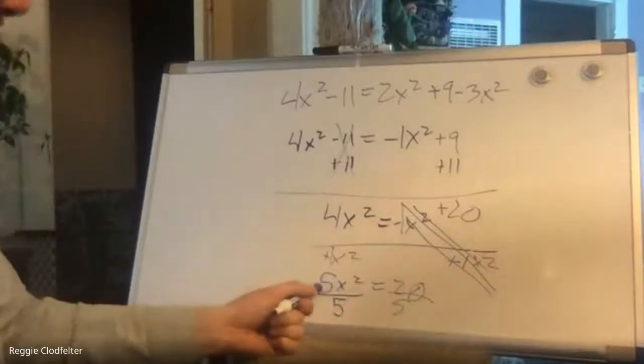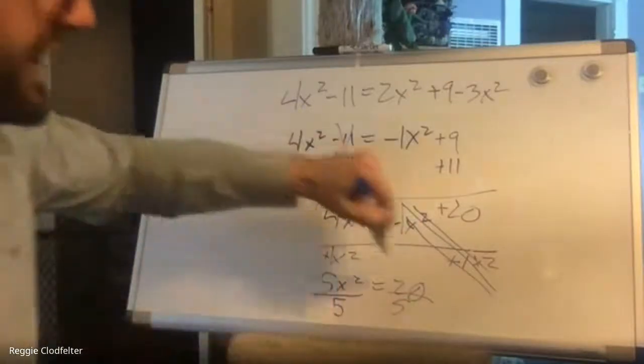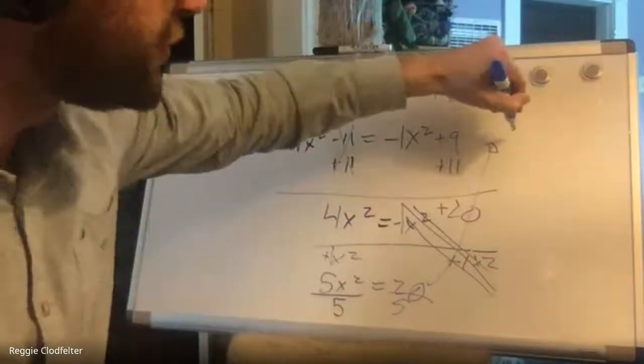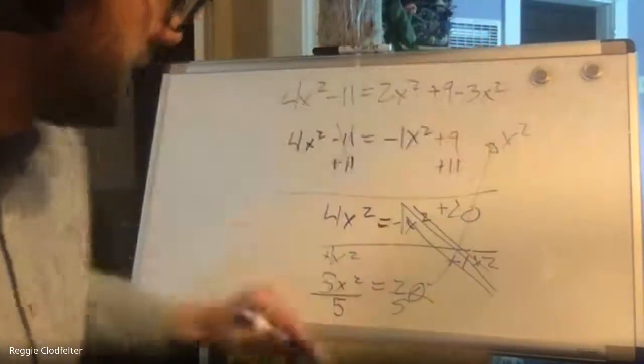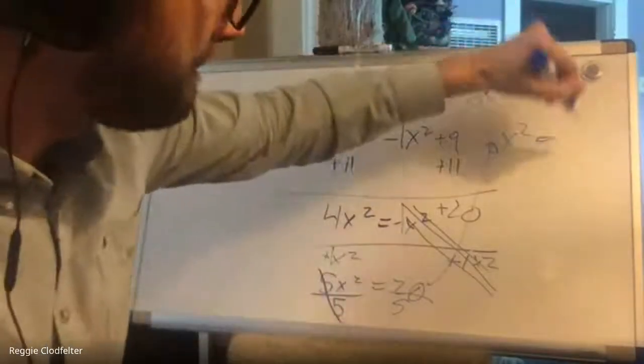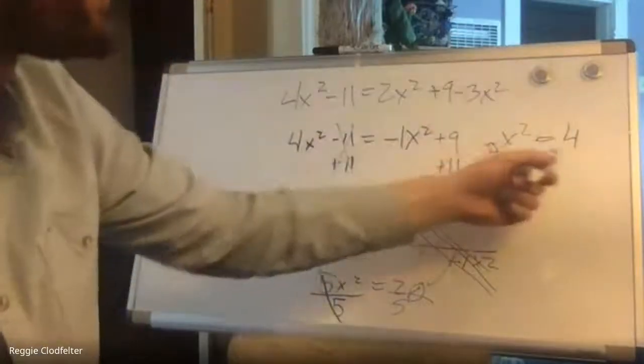So 5x squared divided by 5 is just x squared, because my 5's have canceled out. 20 divided by 5 equals what? 4. So now I get x squared equals 4.